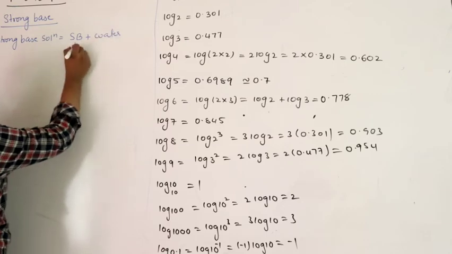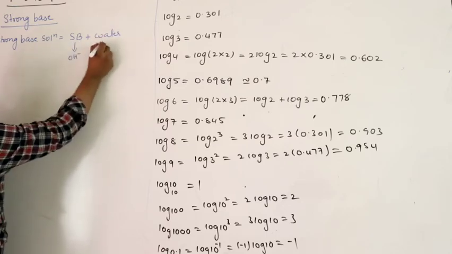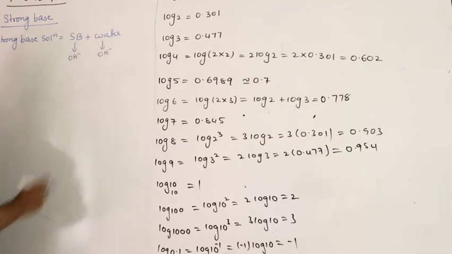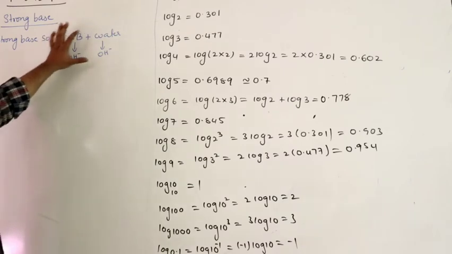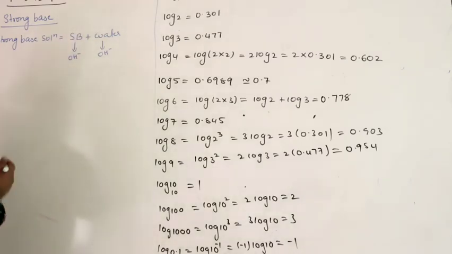So both will contribute OH minus ions. Same condition: if the concentration of OH minus ion is considerable, that is greater than 10 power minus 7, then you can neglect water, otherwise you have to consider it.